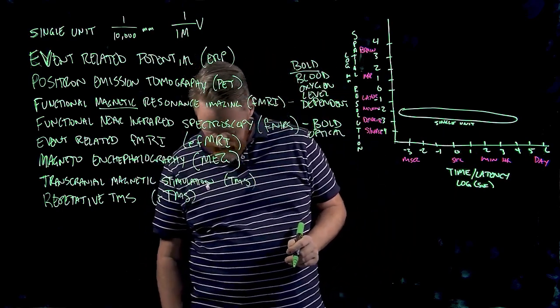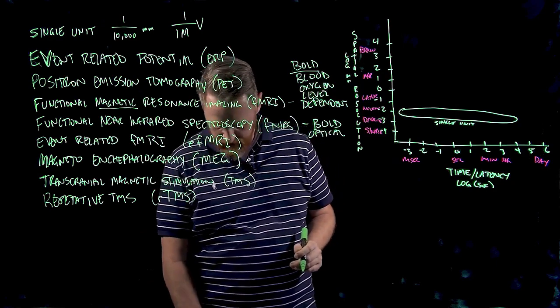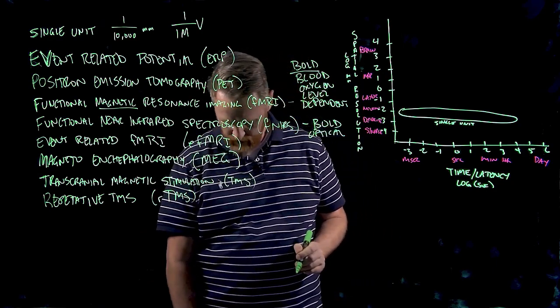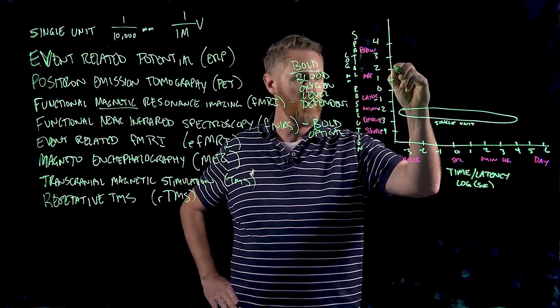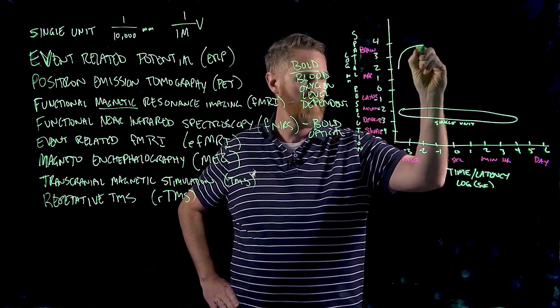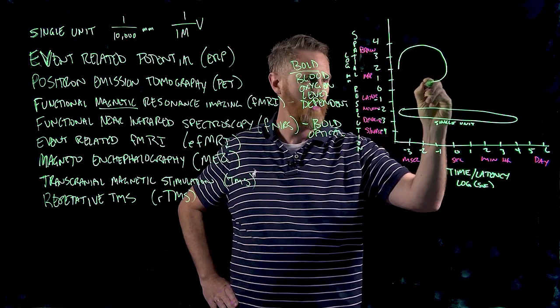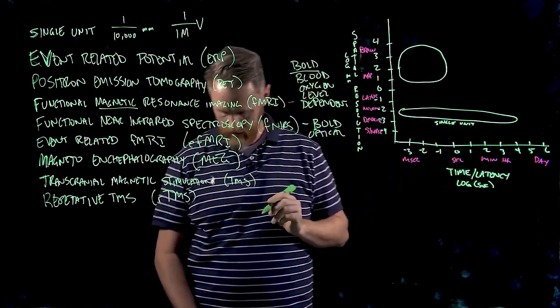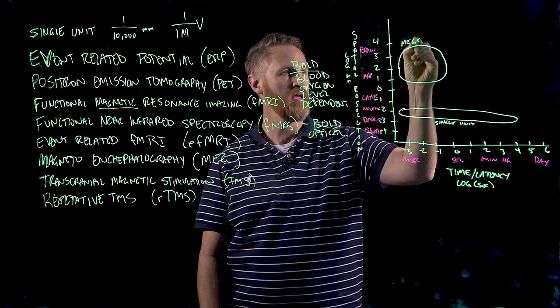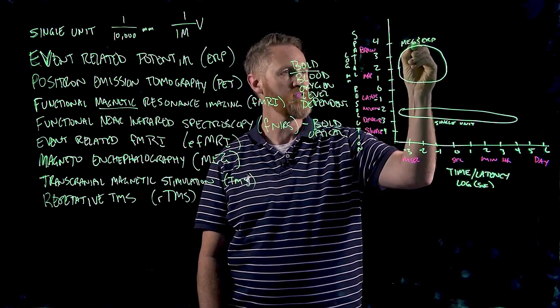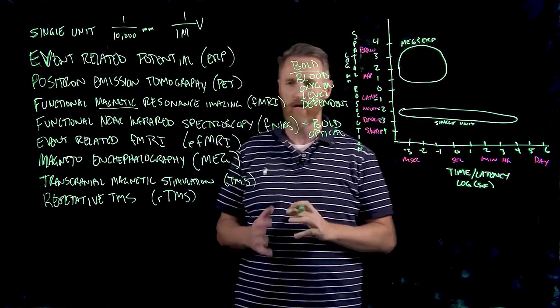If we're then going to look at the event-related potential, we're going to look at somewhere right around here, right? So this is going to be for both an MEG and ERP. So any kind of electronic, right?